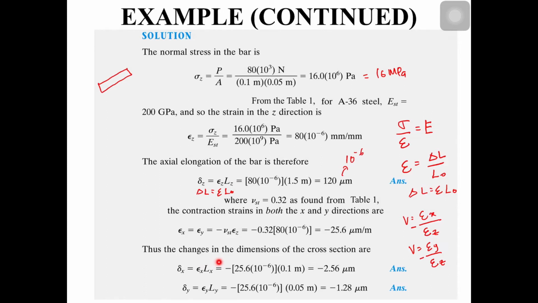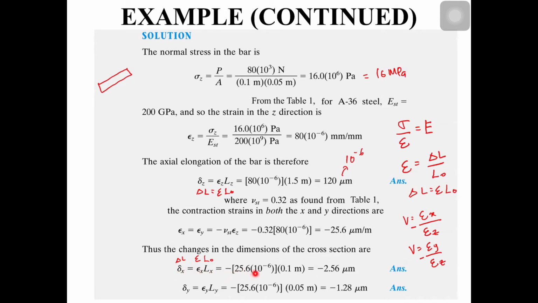So the changes in the dimension are: delta x equals epsilon x times Lx. This is the equation of the strain, where this one is delta L, this one is epsilon, and this one is L naught. We apply it for each direction.